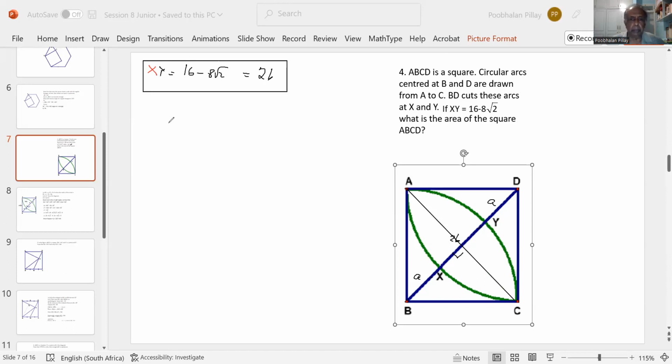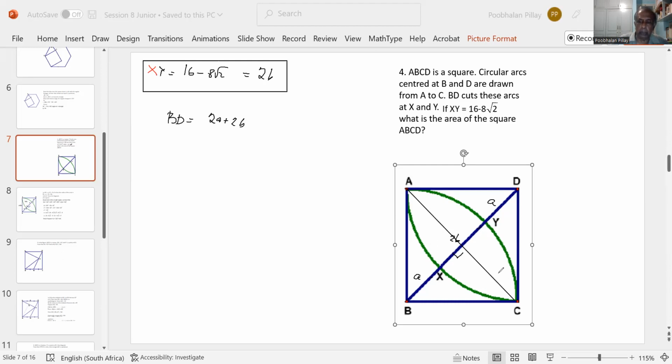The entire diagonal BD is 2A plus 2B. And so this other diagonal is also 2A plus 2B.